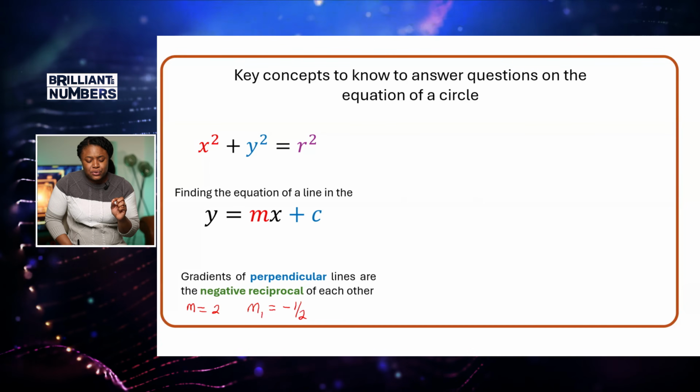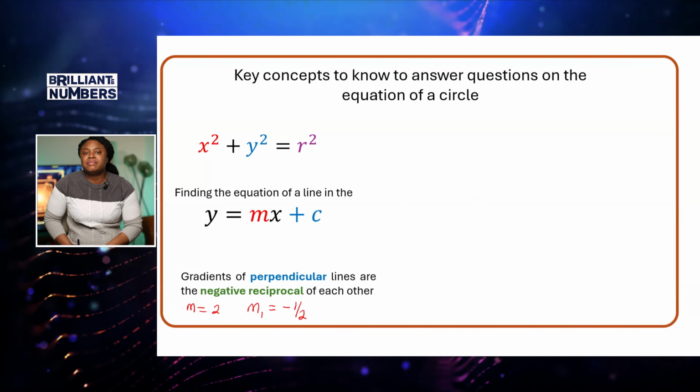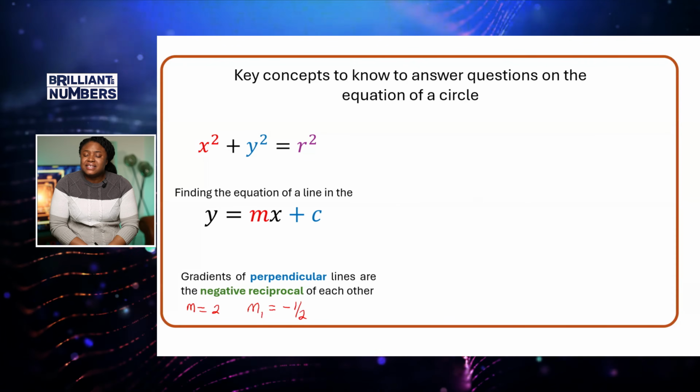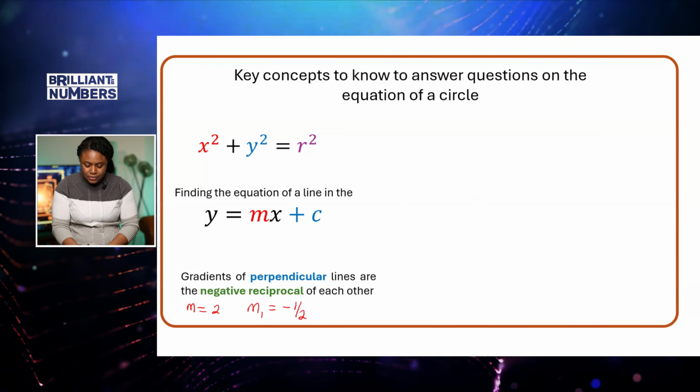When I multiply two perpendicular gradients, the product is always -1. So I can see here, 2 multiplied by -1/2 will give me -1. And this is how I prove that two lines are perpendicular.